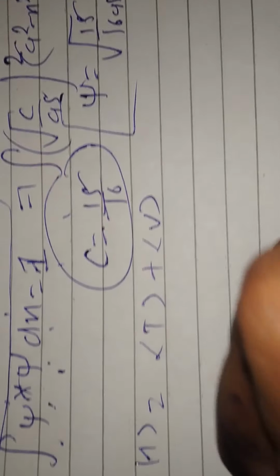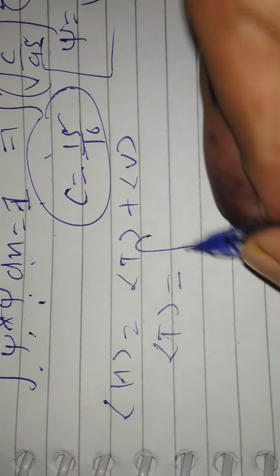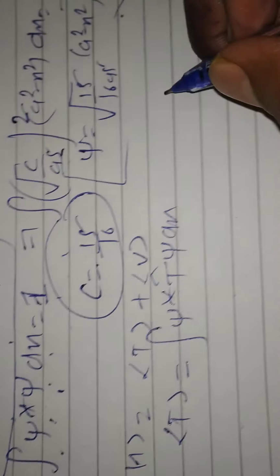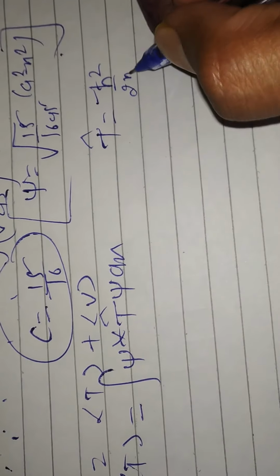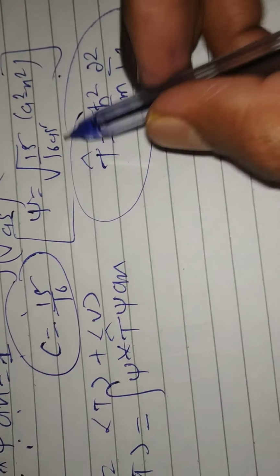How can we find the kinetic energy? The kinetic energy will be the integral of psi star T operator psi dx, and we know that the operator for kinetic energy is minus h cross square upon 2m, del 2 upon del x square. You need to learn this.